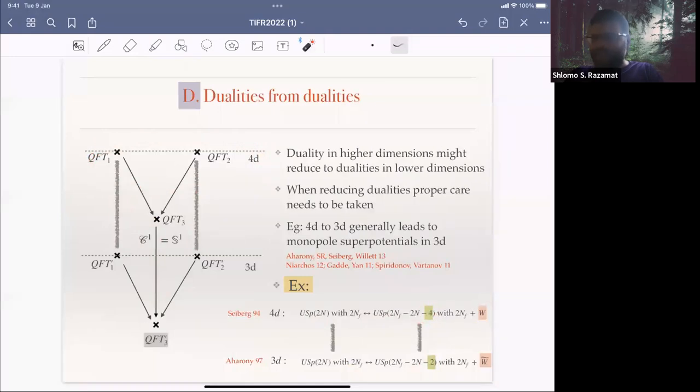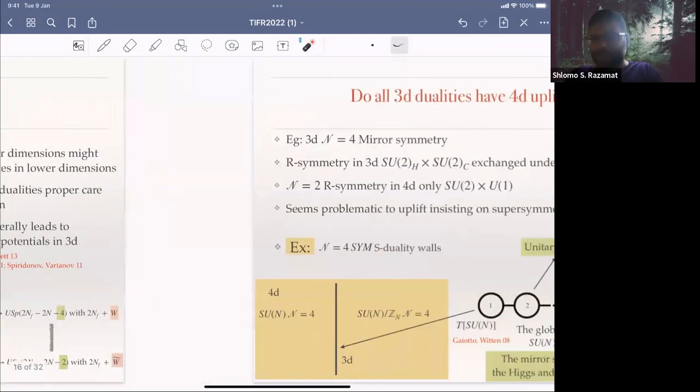If you write some Lagrangian with certain fields, some symmetries don't exist because they're broken by anomalies. The same anomalies don't exist in 3 dimensions, so there has to be something else which breaks the symmetries. And what happens in this dimensional reduction is that you generate certain tricky superpotentials involving monopole operators which break the symmetries. So this is one thing I wanted to mention about deriving the dualities from dualities.